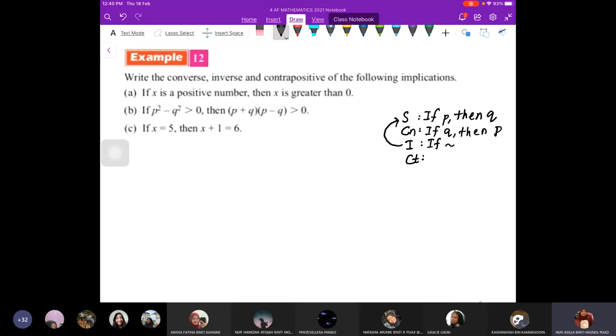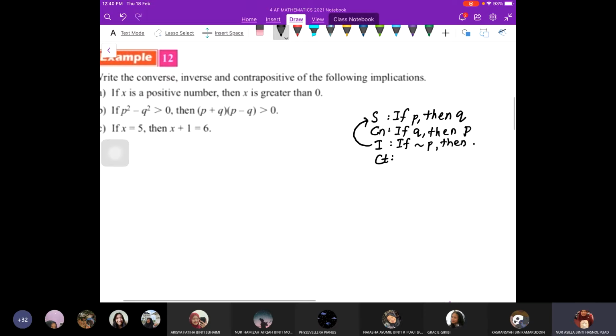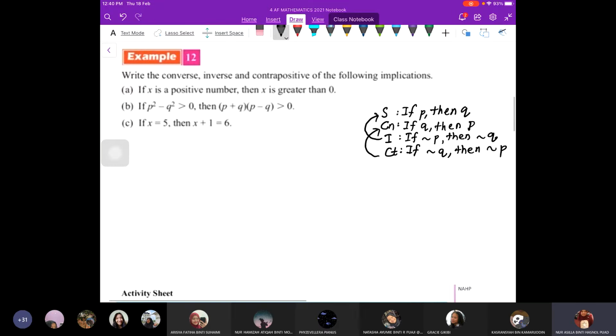So if tilde P then tilde Q. Dan contrapositive akan negatekan converse. So if tilde Q then tilde P. Okay, macam tu je. So if you nak berjaga-jaga, just write this down lah as nota.